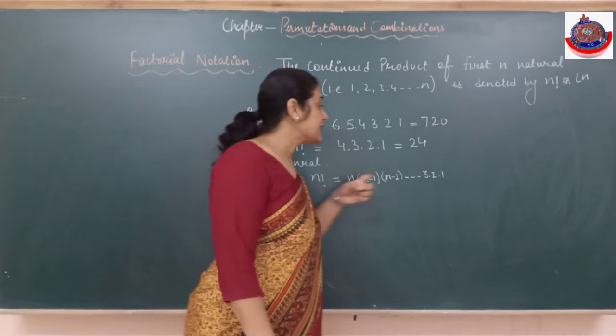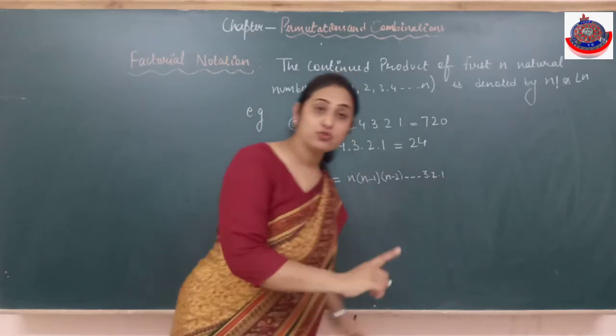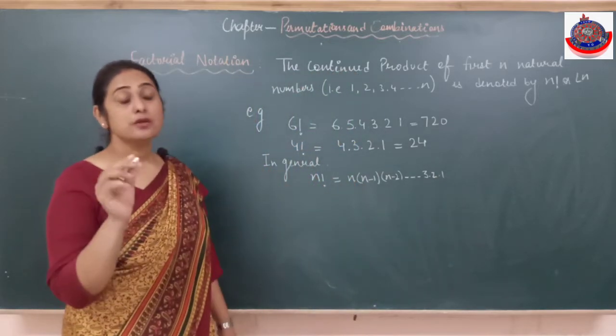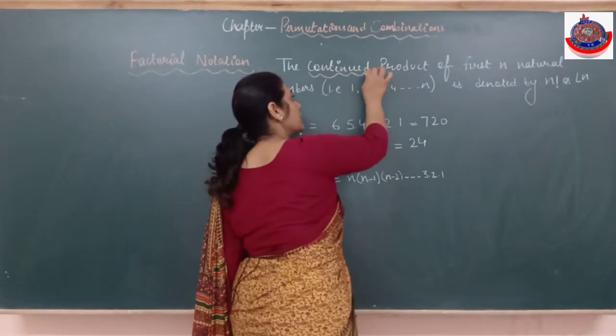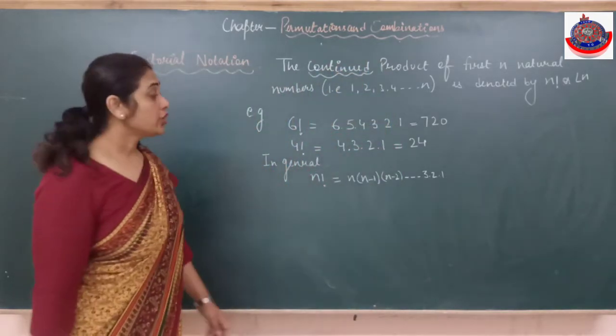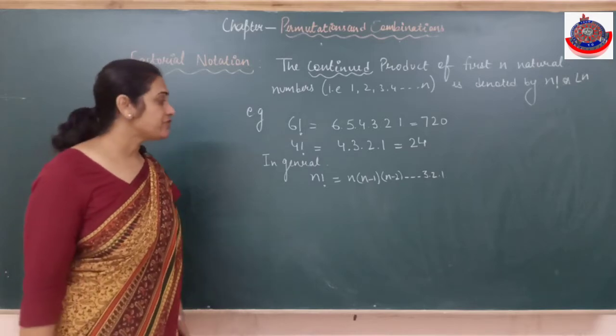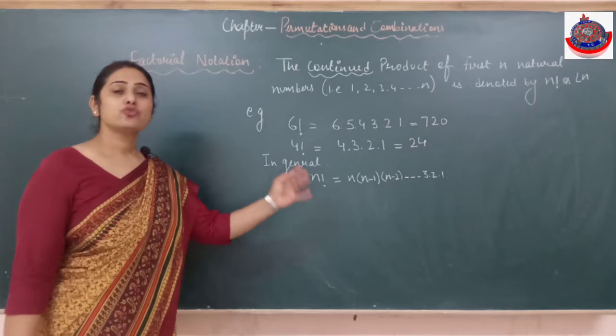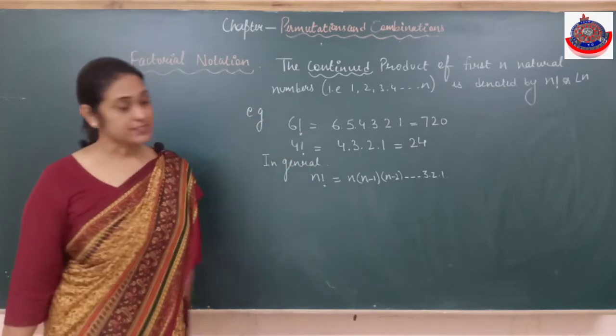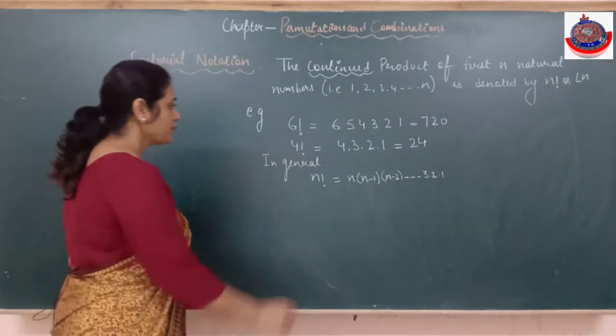That means from this number to the first natural number, you have to keep coming without missing any number. It's a continuous product. It's a continued product. Is it clear? Now see one more thing.